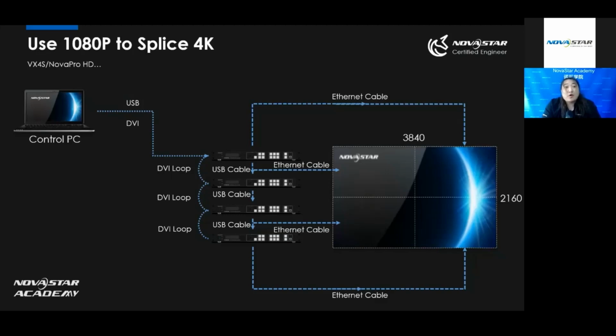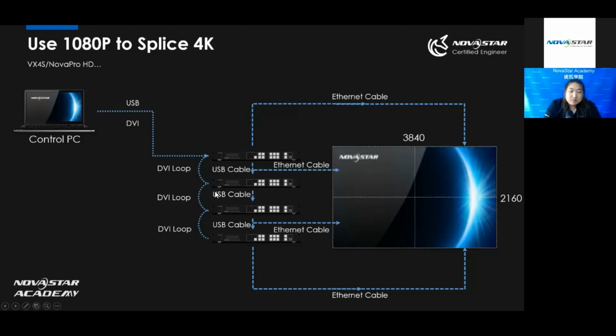For this part, we are going to use the VX4S. So what is the difference from the pure sending card? It doesn't need the video splicer, right? As we can see here, the control PC gives the video signal, like DVI, and by using the DVI loop we connect all the devices.